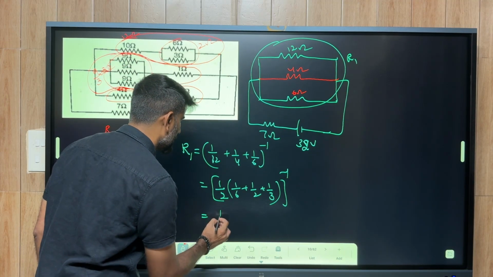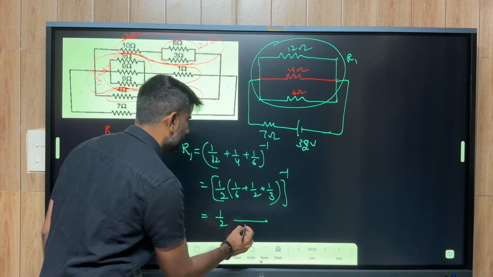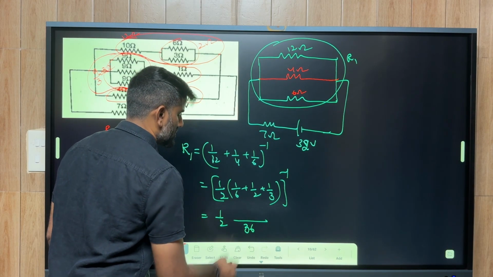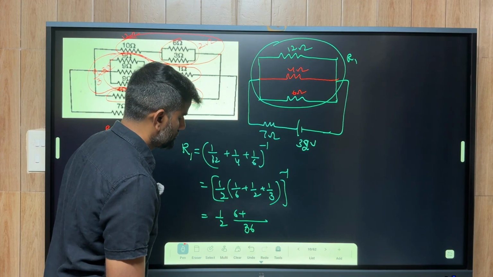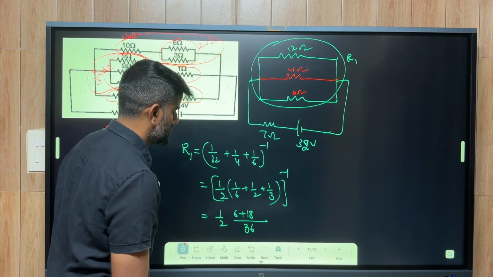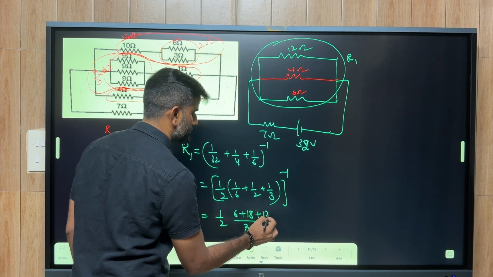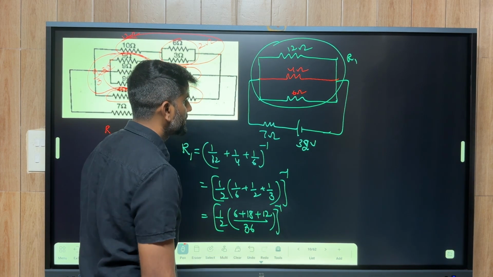If I find the LCM, 12 3s are 36, 6, 18 plus 12 whole inverse, right?